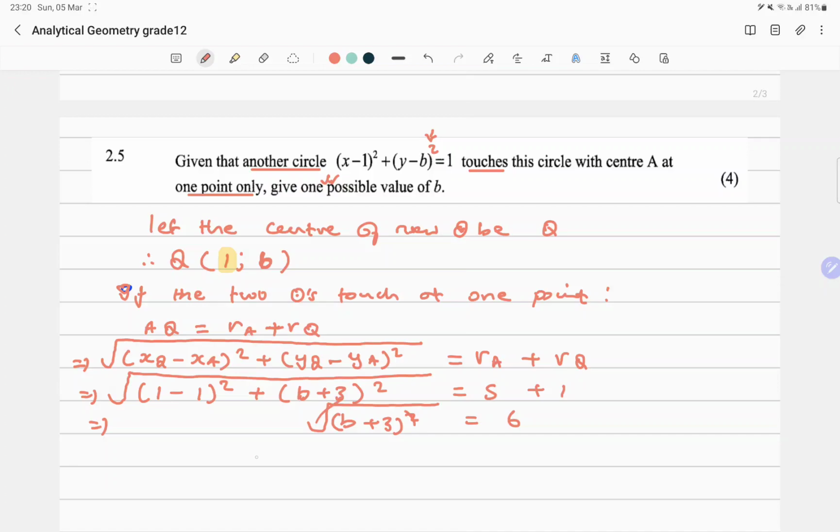Therefore, b plus 3 is equal to 6, because we didn't do anything on that side. Therefore, b, you transpose the 3, 6 minus 3 is just 3. And it makes sense, because b is positive, it fits into the picture, because this needed to be a positive number, at least for it to make sense. Not a problem. So that is how we answer this question.